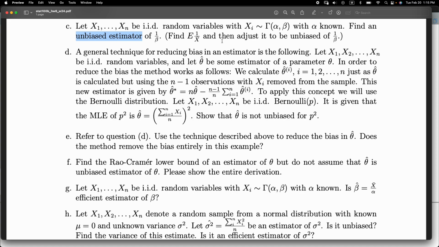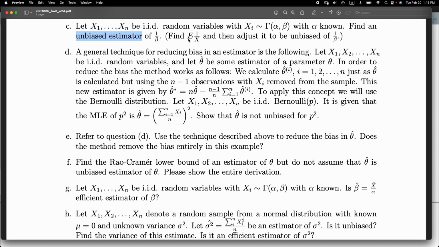And then here we also have a hint on how to construct such an estimator. So we find the expected of 1 over x bar. So this is not x, this is x bar. And then adjust it to unbiased estimator for 1 over beta.